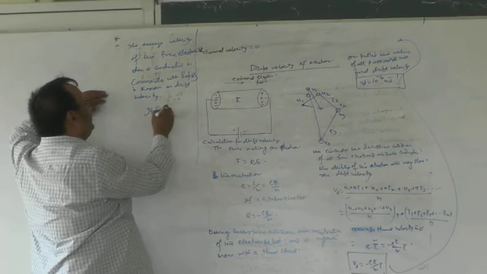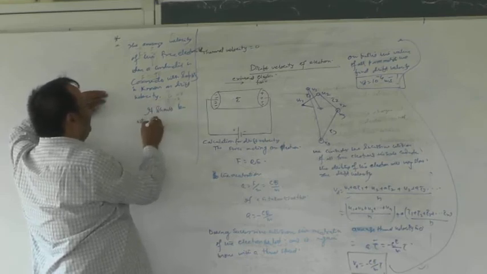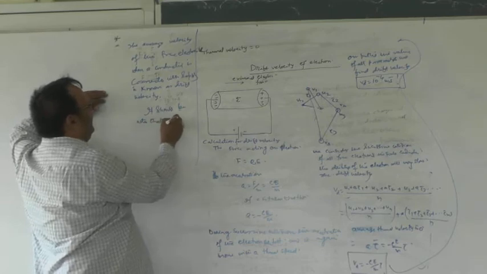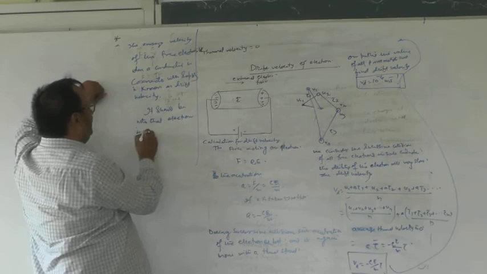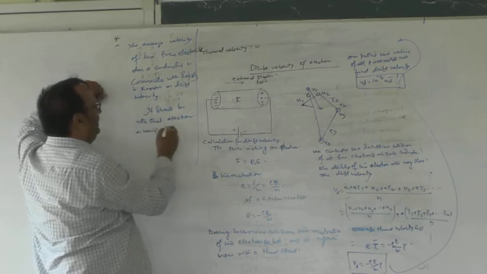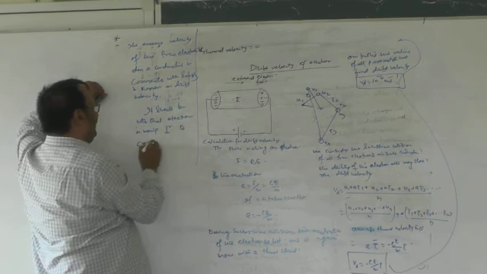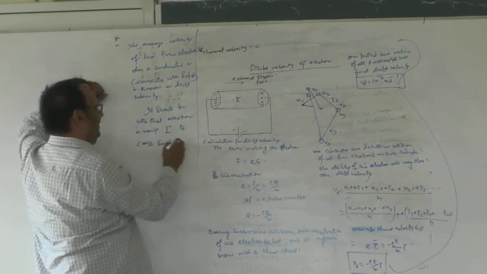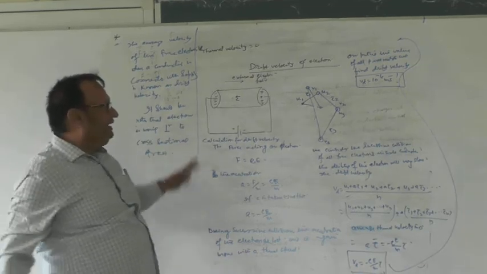It should be noted that the electron is moving perpendicular to the cross-sectional area. Clear? I think everything became clear.